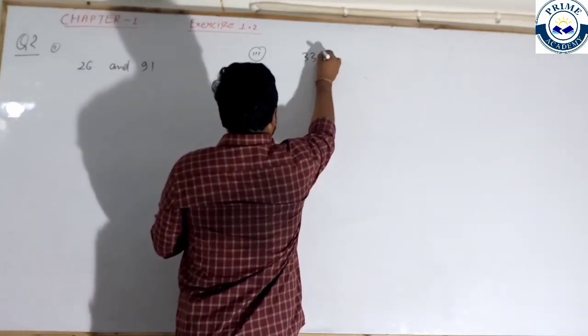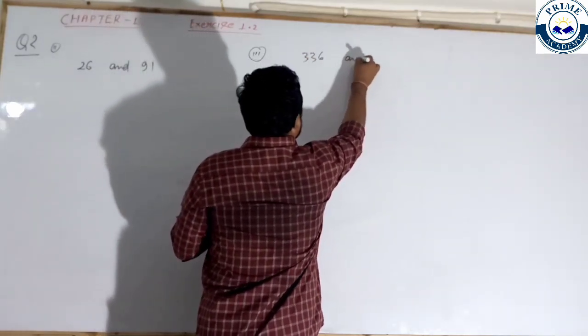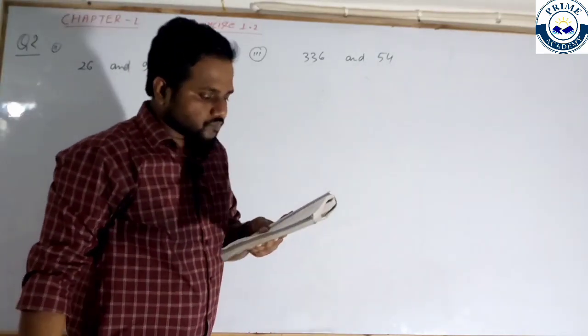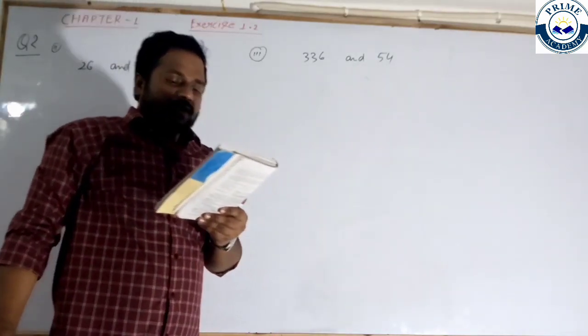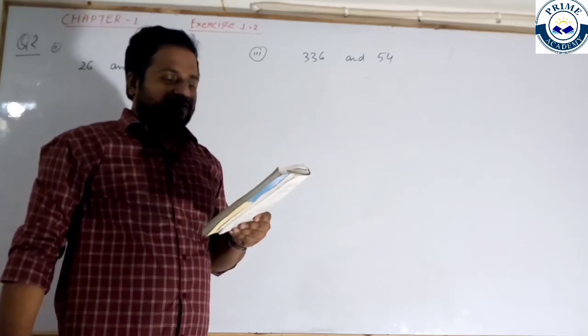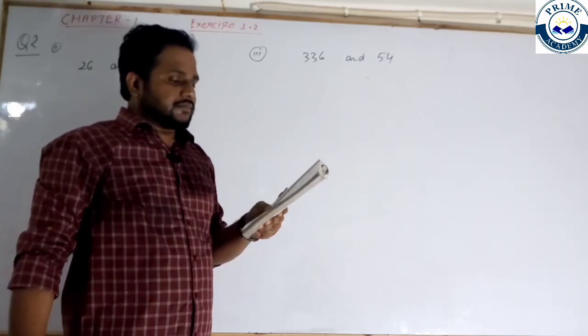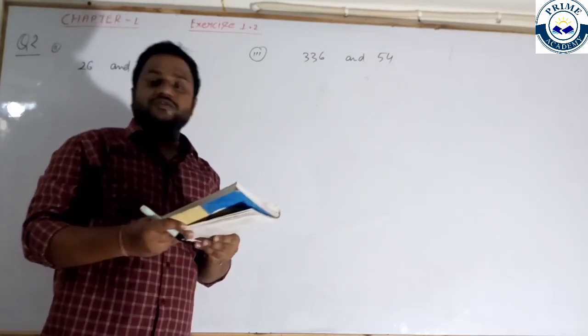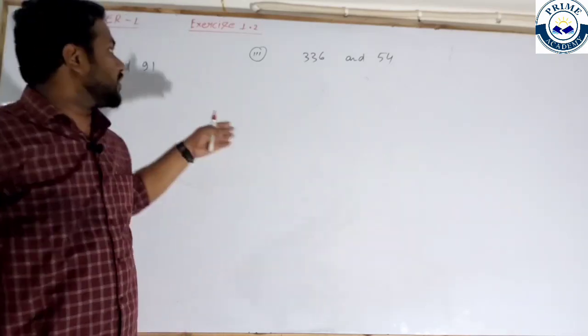You have to solve the second one, and 54, like this. For these pairs of integers, verify that the product of LCM and HCF is equal to the product of the two numbers. This is given in the problem.